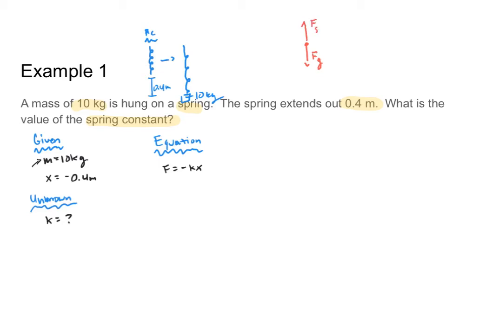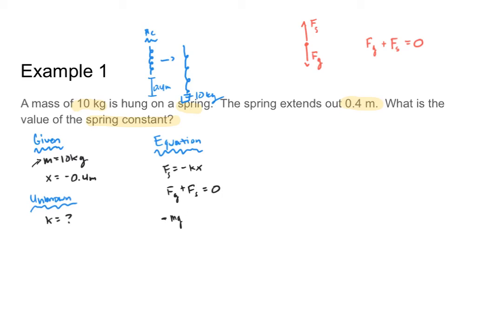And because my spring is in equilibrium, it's not moving, I know that my gravitational force plus my spring force has to be equal to 0. So that is going to be my second equation, that my gravitational force plus my spring force equals 0. And I'm going to do one more step before I fix this. So I know that my gravitational force is mass times gravity, and I know that it's pointing down.